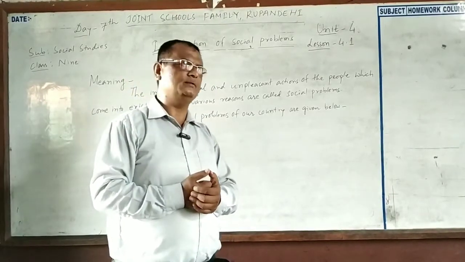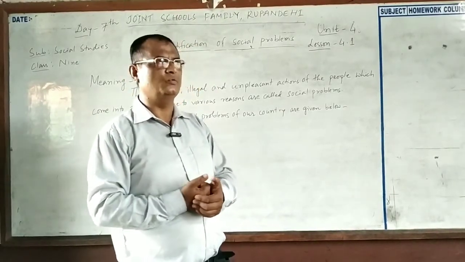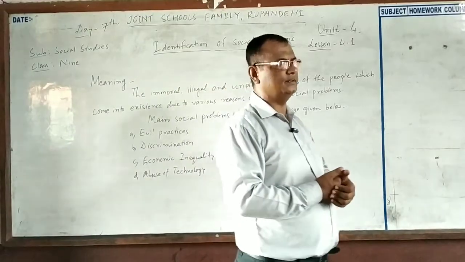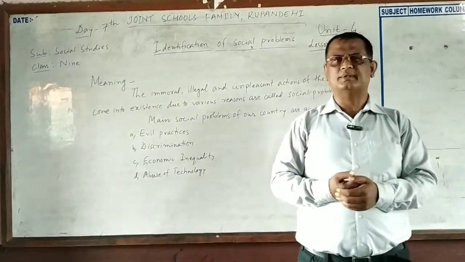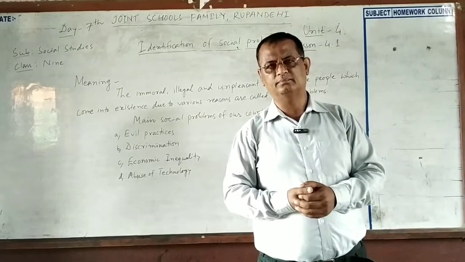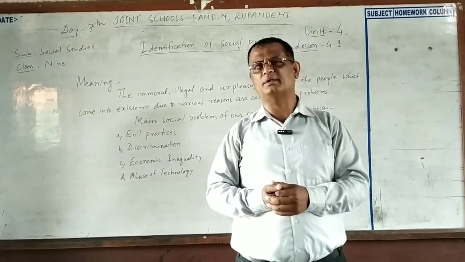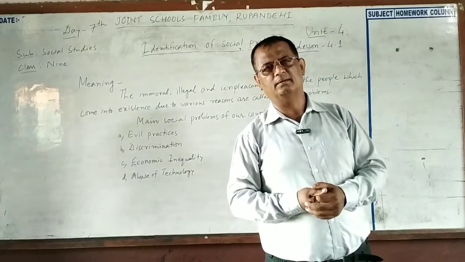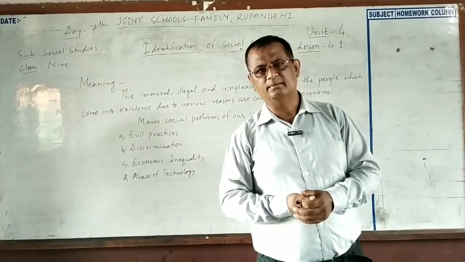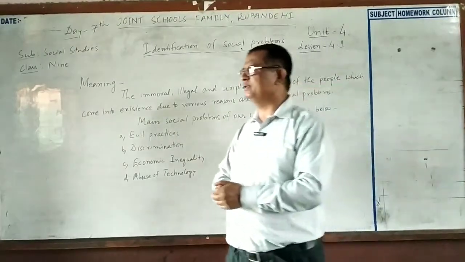For example, we can take the example of child marriage. Child marriage system is not good. Still now in some of the remote areas of our Tarai region, in the hilly region, in some communities, it is still going on.